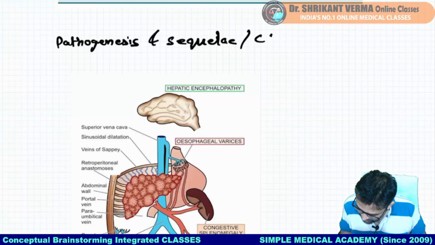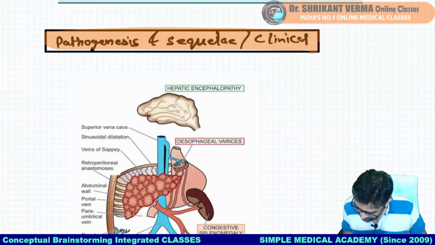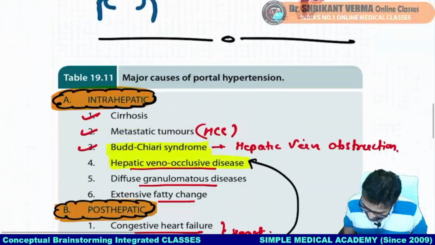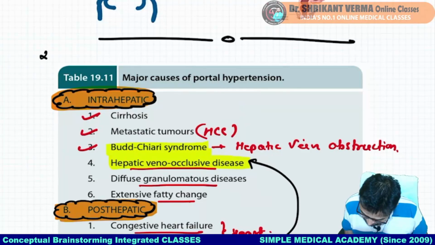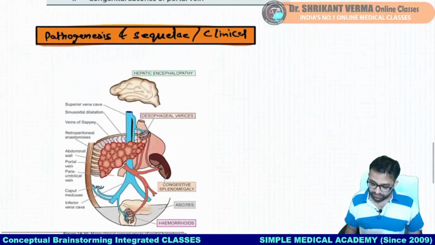Also you can say the clinical features. Fine, we had seen the classification, that is saying also about the etiology. Okay, so you can say this is our etiology. तो ये etiology में भी सेम चीज आप कह सकते हैं.